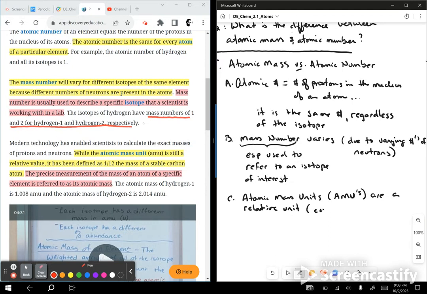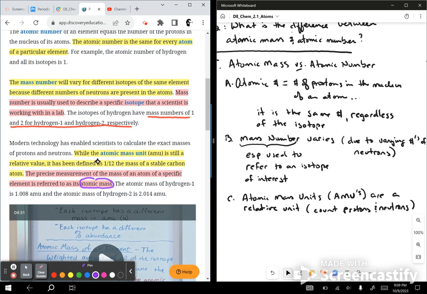You just count the protons and the neutrons. That's not necessarily very exact, is it? Well, the atomic mass is then the answer to that. This then becomes a very specific number here.